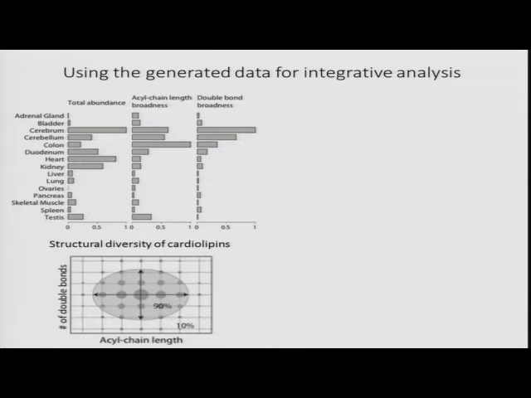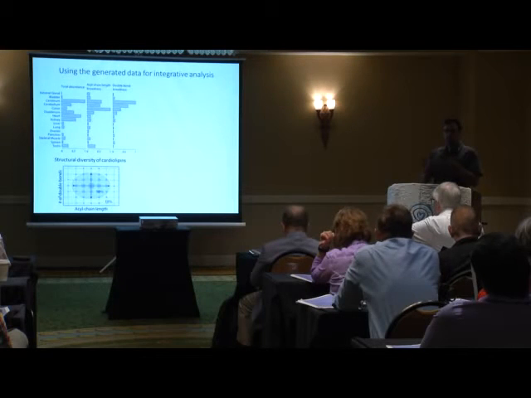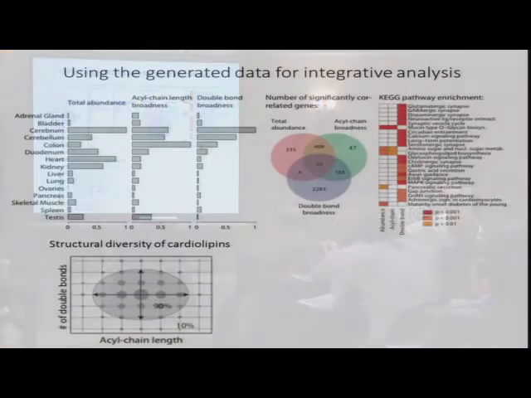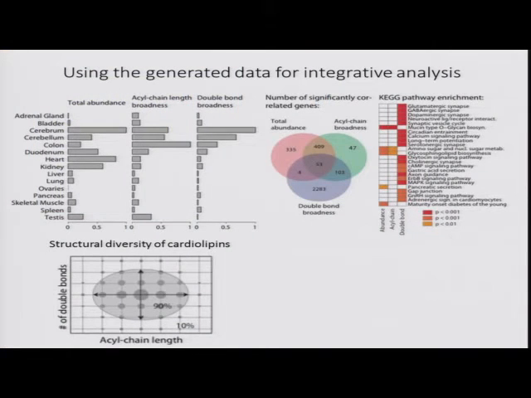By dissecting the variability in these different components, you can then nicely use these profiles and compare them to other data sets. Here, for example, I compared it to an mRNA data set from the same mice, which was published earlier, and looked at whether there is some gene regulation that co-correlates with these profiles.